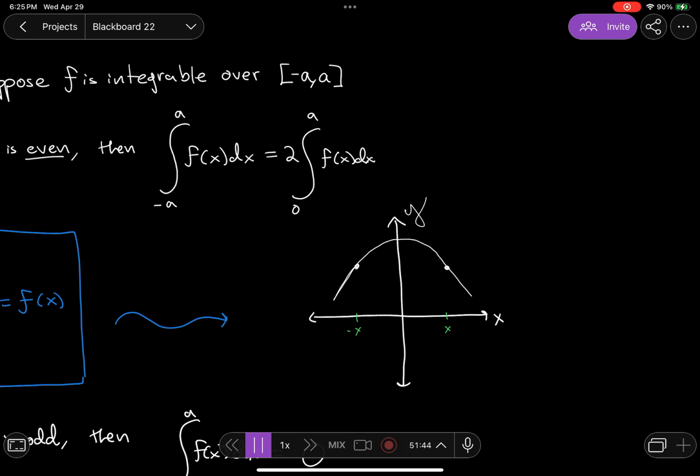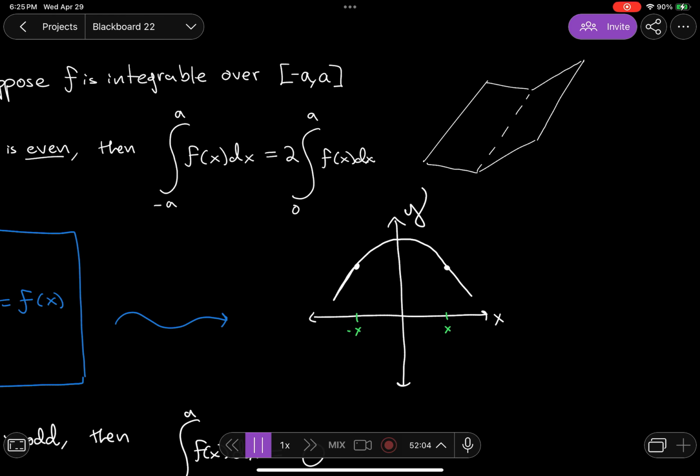In other words, if I were to perforate my Cartesian plane right here and fold it over, let me draw it quickly. This is going to be tricky. I'm doing all right.